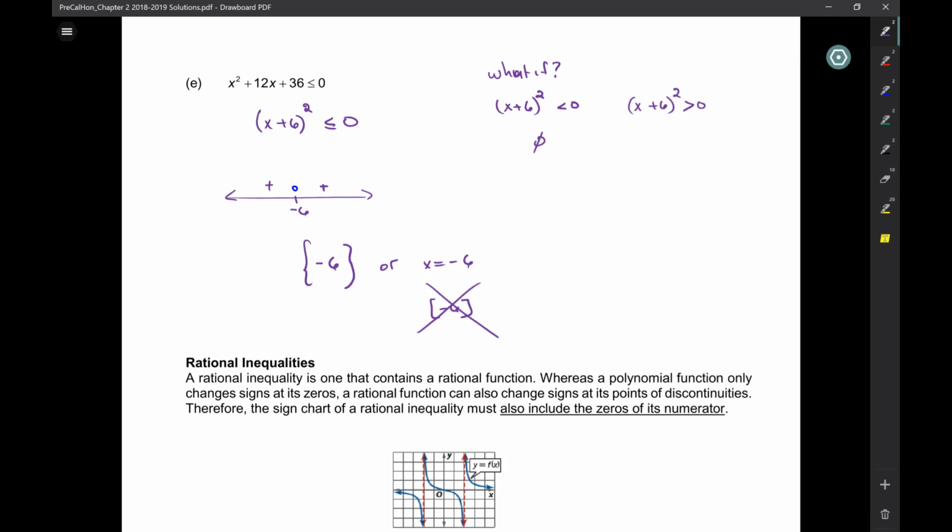Strictly greater than 0. It would be negative infinity to negative 6, union negative 6 to infinity. Right, everywhere, because negative 6 gives 0. What if it was x plus 6 squared greater than or equal to 0? All real numbers, right?